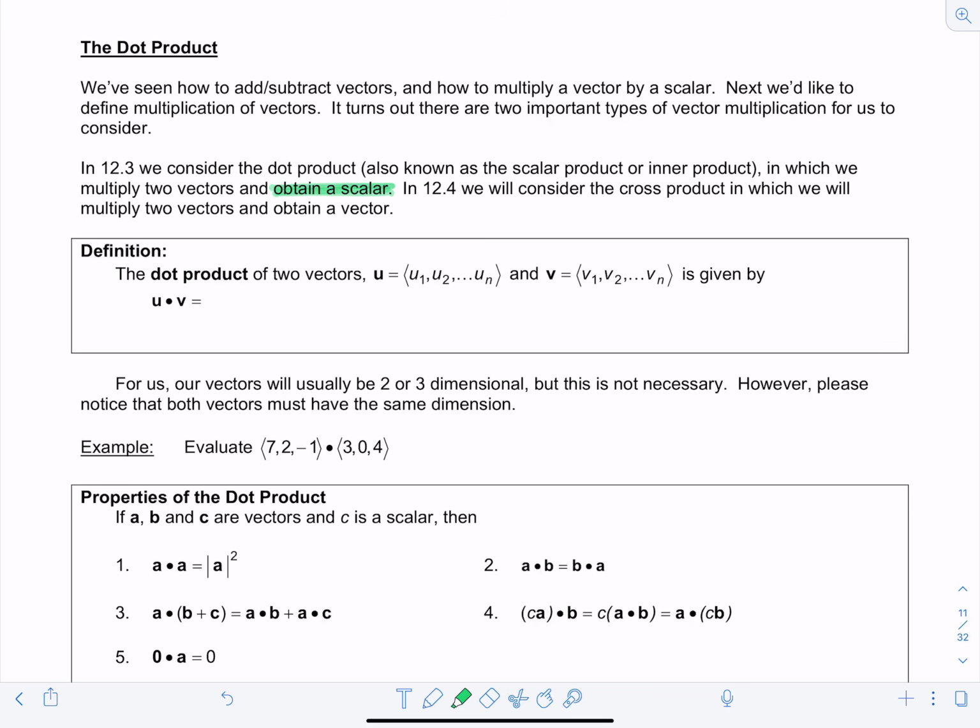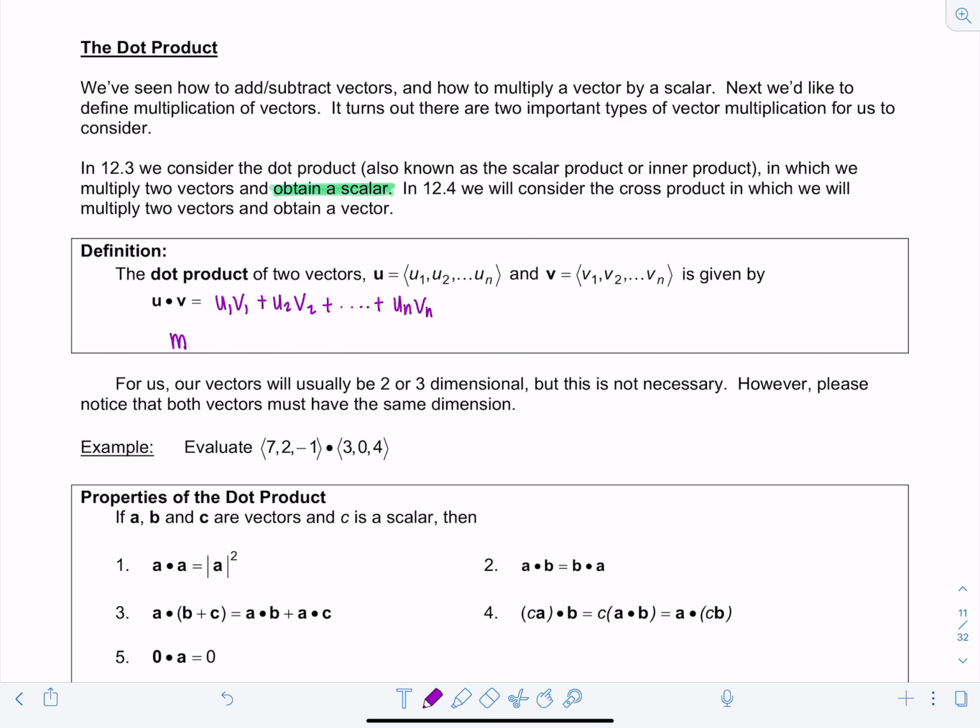So first, let's just focus on the dot product, and the definition is as follows. If you have two vectors, u with components u1, u2 up until un, and vector v with components v1, v2 up until vn, we define the dot product u dot v to be u1 times v1 plus u2 times v2 plus so on and so forth up until un times vn.